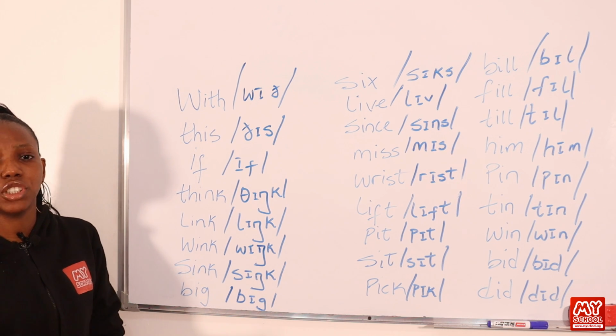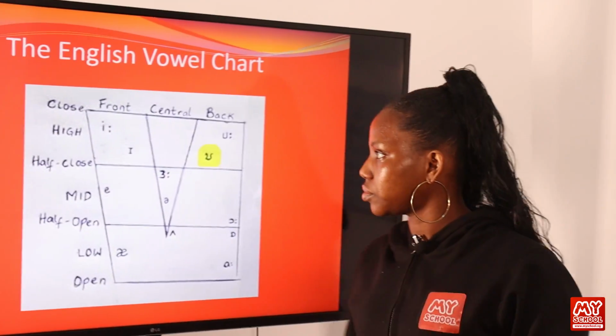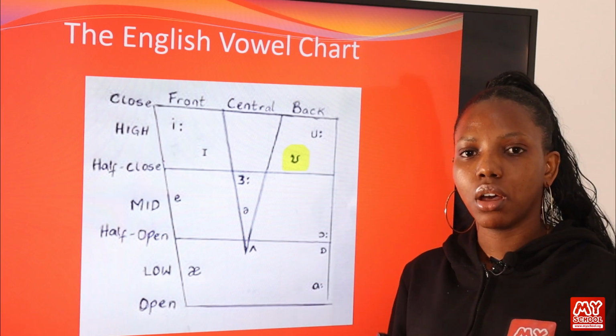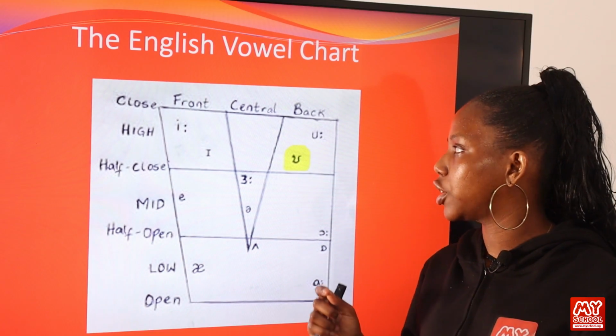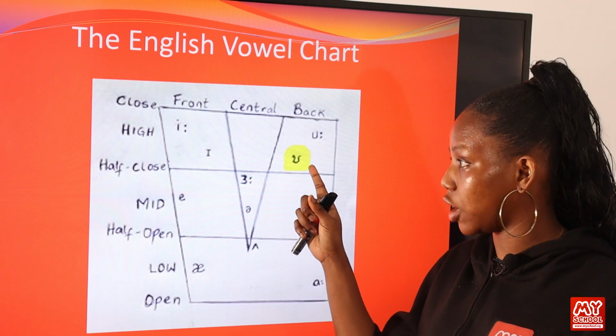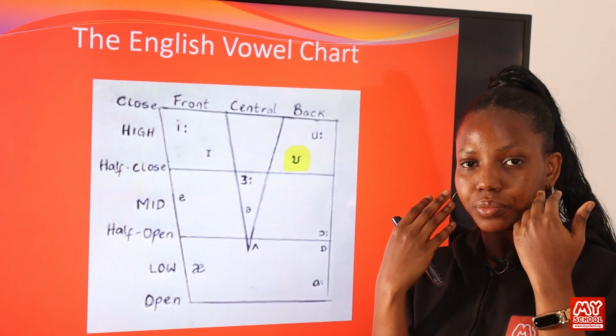Okay, now let's move to the next short vowel sound and head back to the script. Now the next vowel sound is... Okay, so we see that the back of the tongue is involved in the articulation of the sound, so you have to feel the air from the back of your tongue.